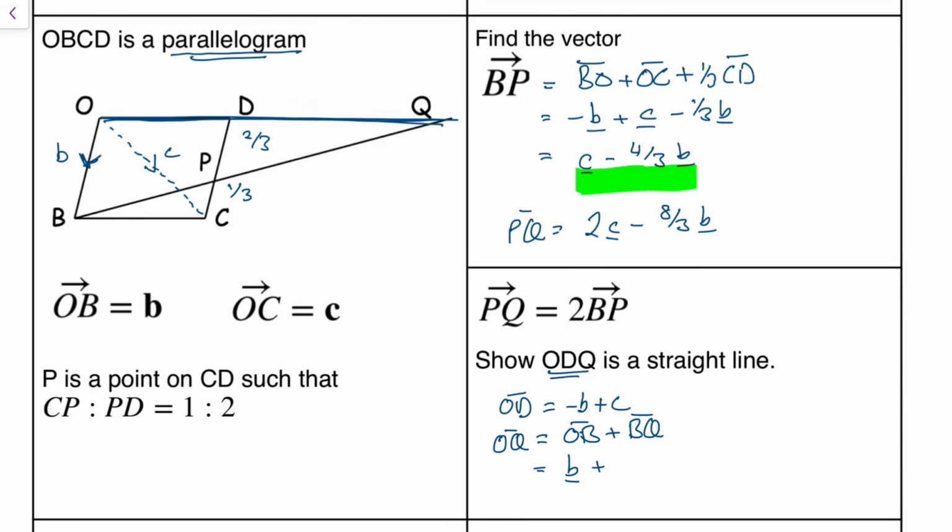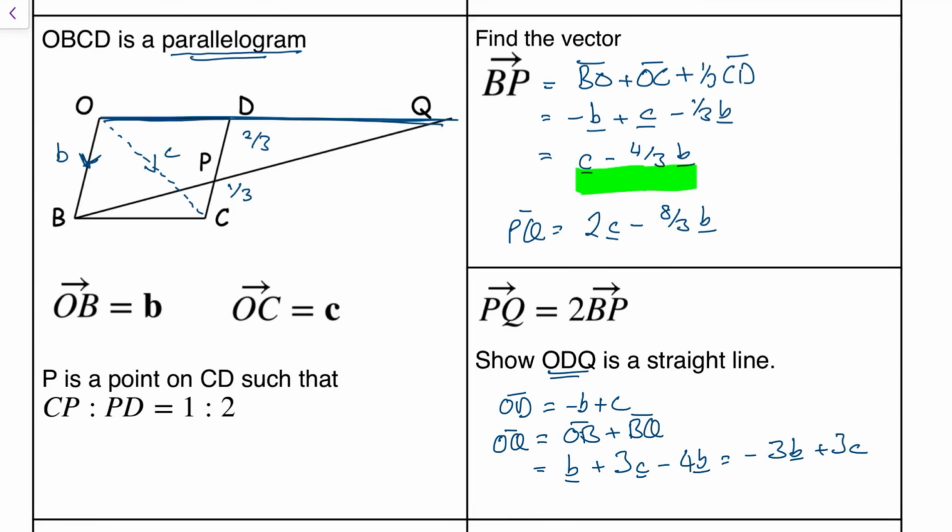So 3 lots of that is going to be plus 3C, and minus, well, 4 times 4 over 3, 3's cancel, is minus 4B. And that gives me, well, 3C plus B minus 4B is going to give me minus 3B plus 3C.